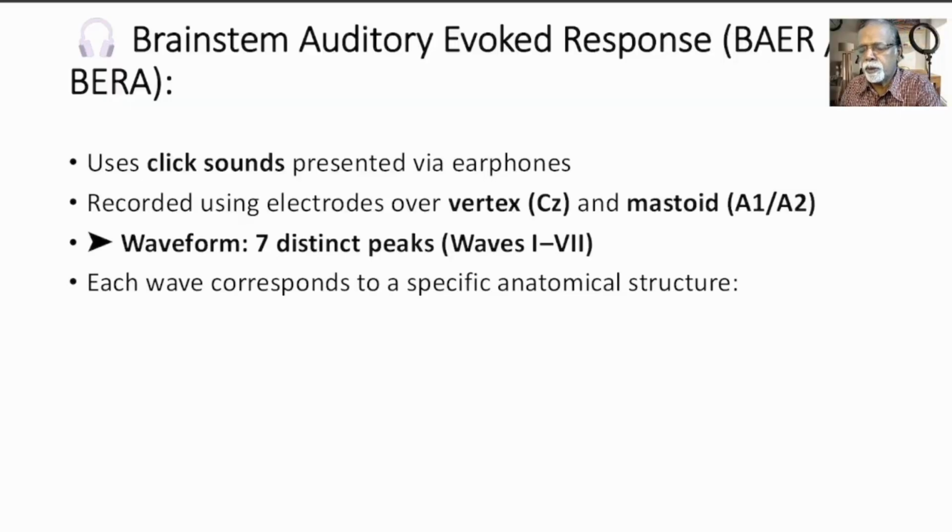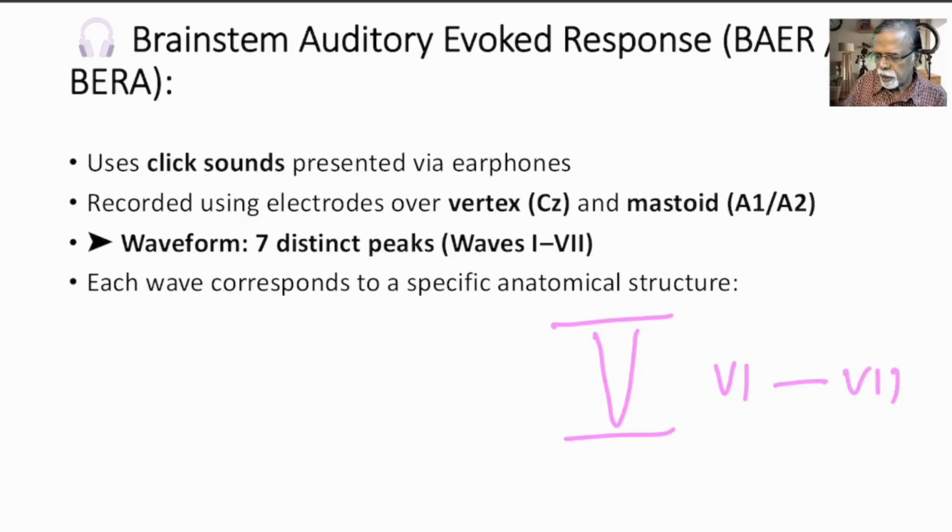So let us look into the waveforms that are formed. There are mainly 7 waveforms that can occur. The most important one is the fifth wave. Waves 6 and 7 are not clinically much relevant, so we are not concerned with them. So we'll go for the first 10 milliseconds and how the waveforms are generated.